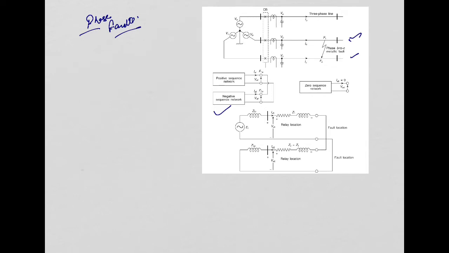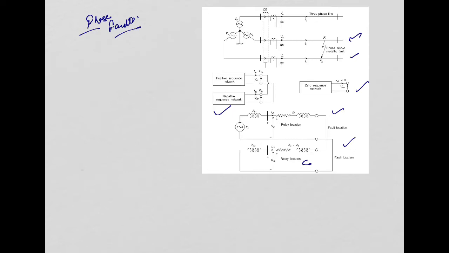The zero sequence remains open circuited because it doesn't involve the ground, so the zero sequence component in that case is 0. This is the equivalent circuit, where we have the positive sequence part and the negative sequence part.